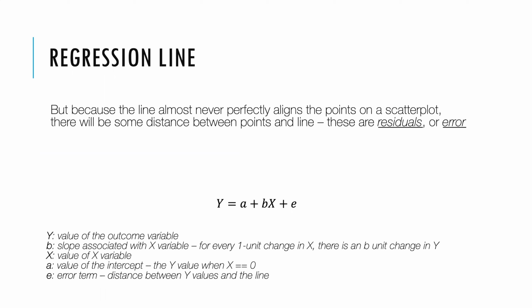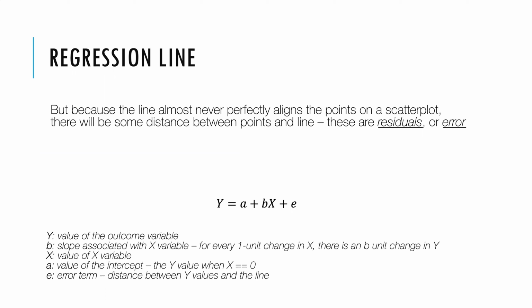We always have some distance between the actual XY coordinate and the predicted Y line. That line represents the predicted Y value for any given X. So there will always be some distance between the actual Y value and the predicted Y value. These are known as residuals, the distance between an XY coordinate and the line at that X coordinate, the vertical distance between the Y coordinate and the predicted Y value.